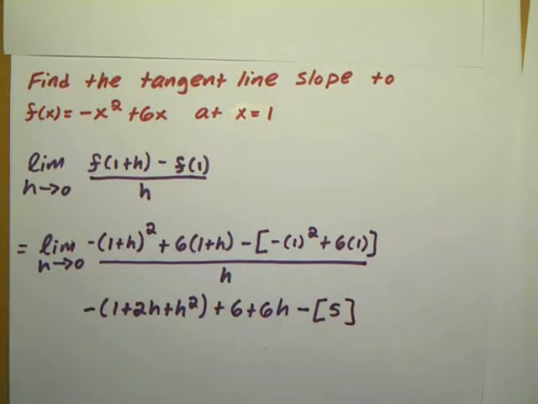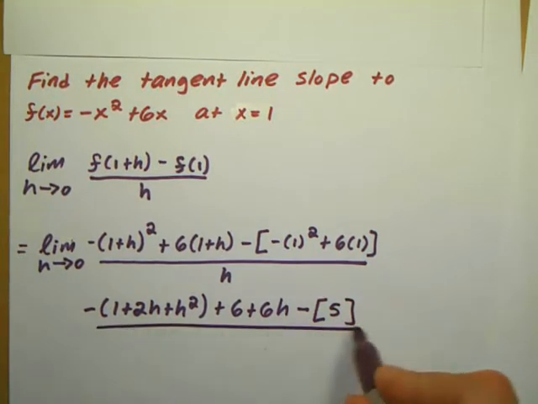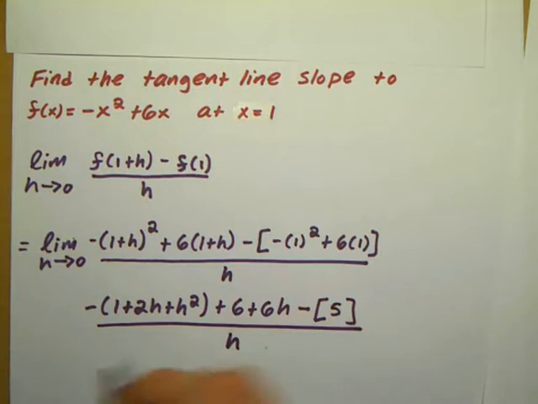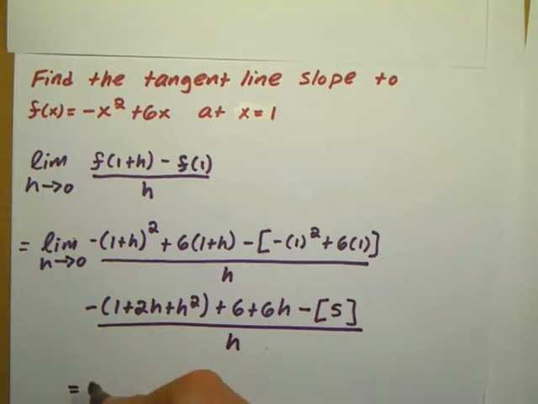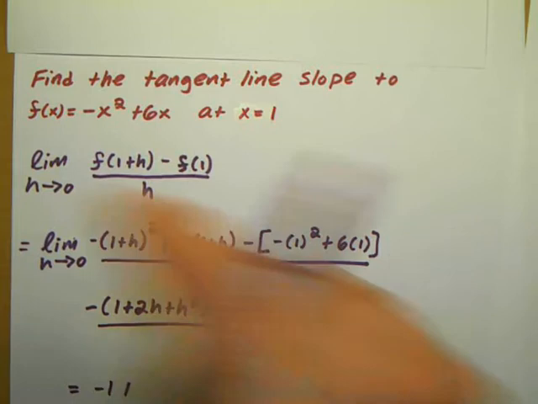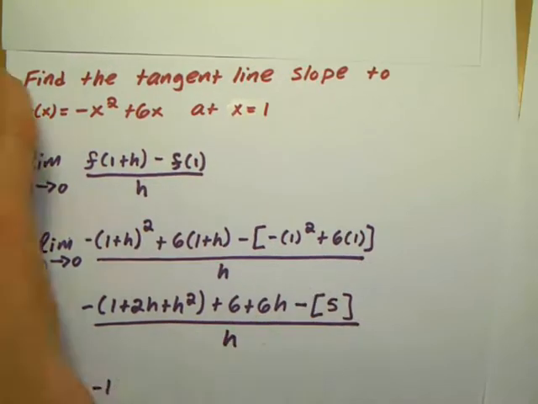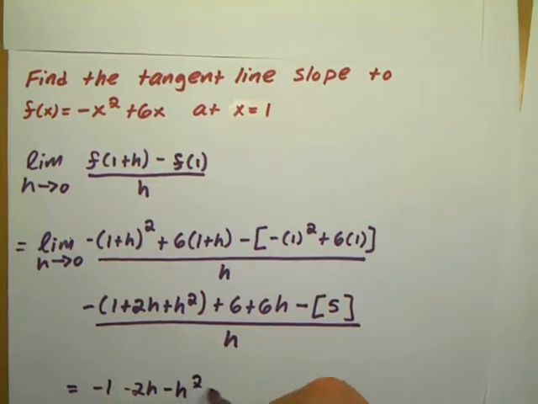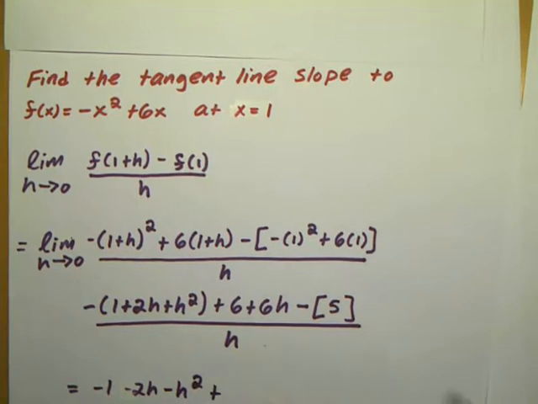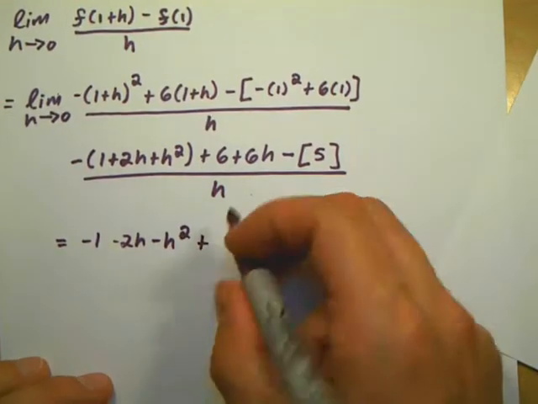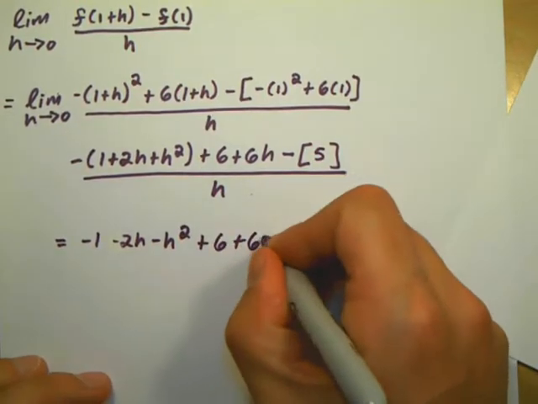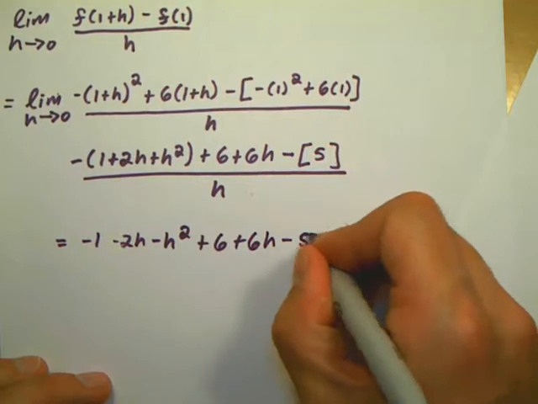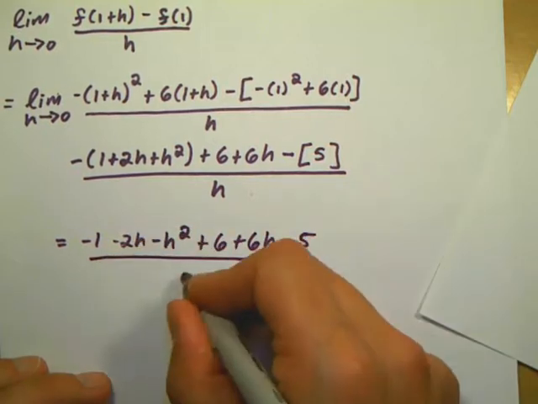All being divided by h. Next thing is I'm going to distribute this negative into the parentheses, so it's going to be negative 1 minus 2h minus h squared plus 6 plus 6h minus 5, all divided by h.